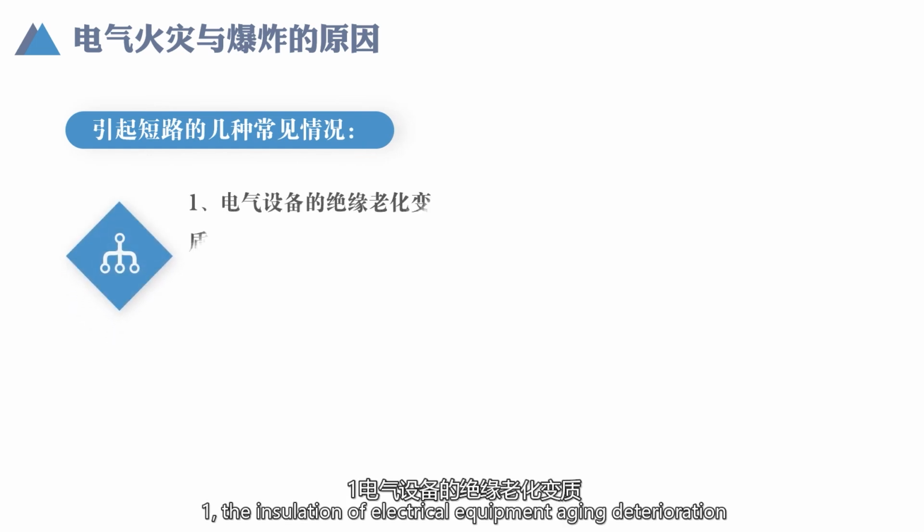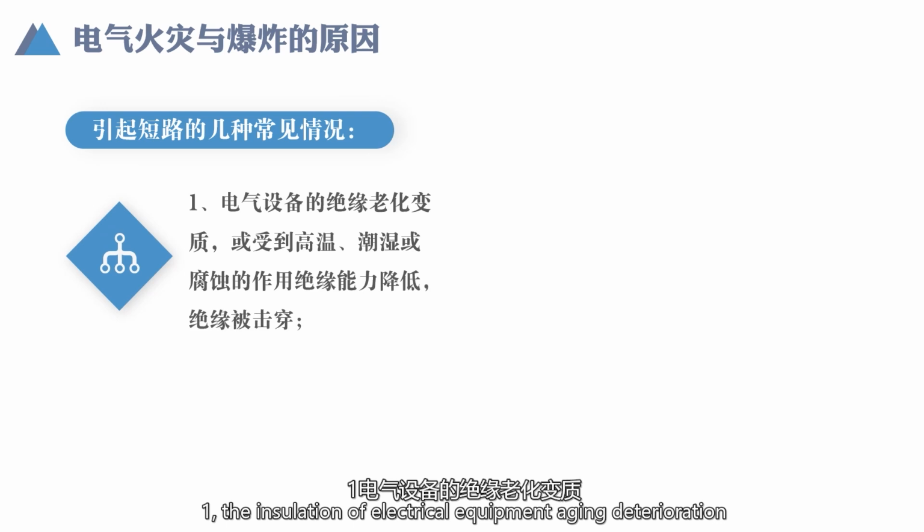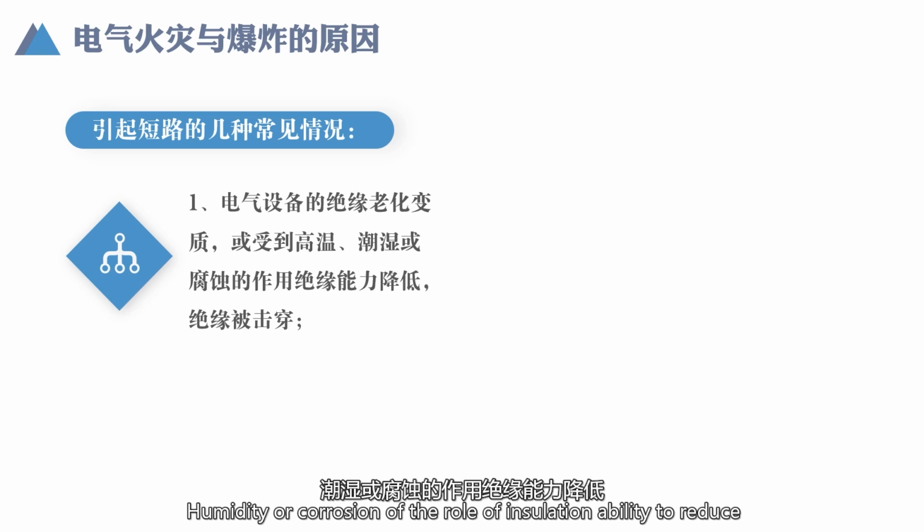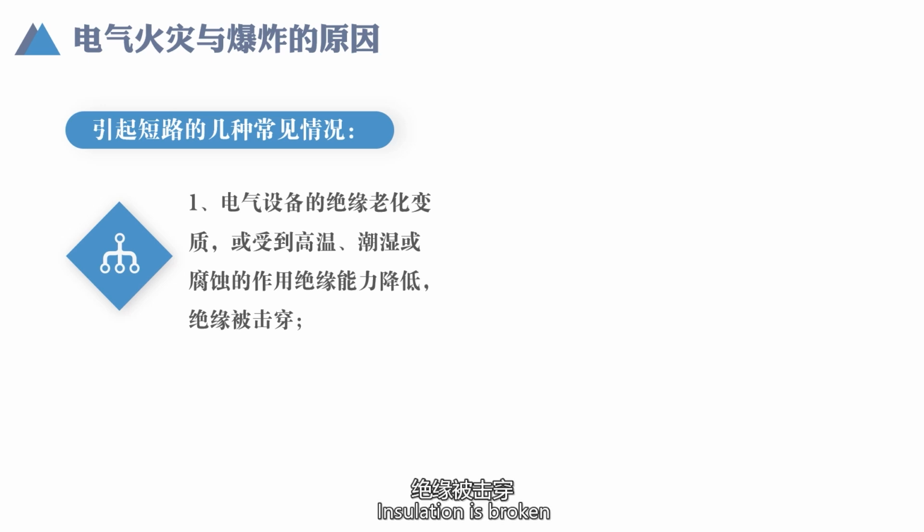Causes of short circuits in several common situations. First, the installed electrical equipment suffers aging deterioration or high temperature, humidity or corrosion, so the insulation ability is reduced or the insulation is broken.